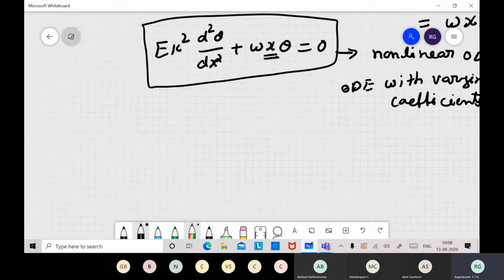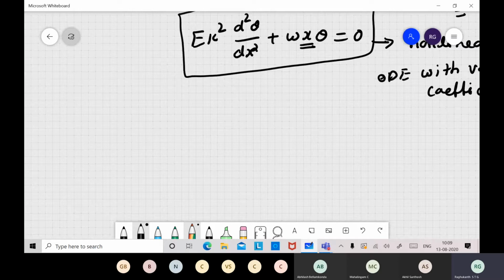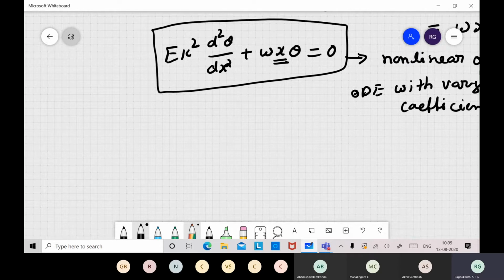Do you remember some differential equations in mathematics where ODEs with varying coefficients appear? Can anybody tell us where you see these types of equations? If you have done calculus courses, complex variables and other things, you would have seen some special equations. Those types of equations come here also.